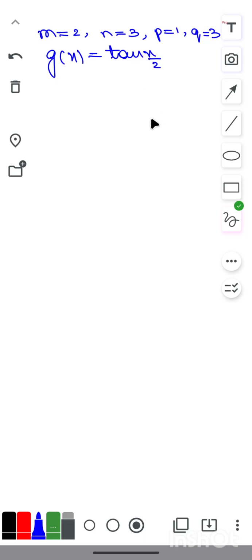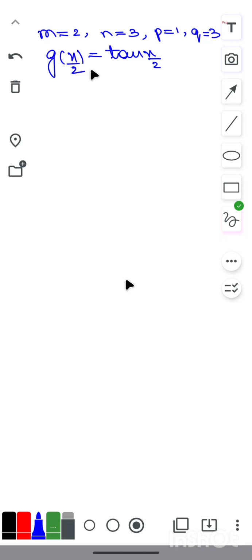Now let us see further what we will get. Tan x by 2, check it once. The question was given tan of x by 2. In the question only they had given tan of x by 2, I guess. Okay, then this is g of x by 2.